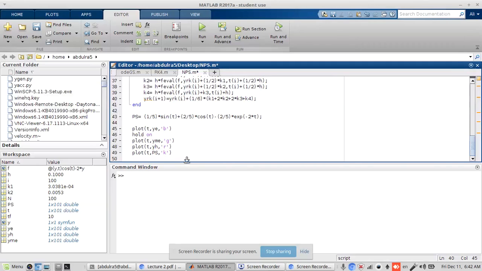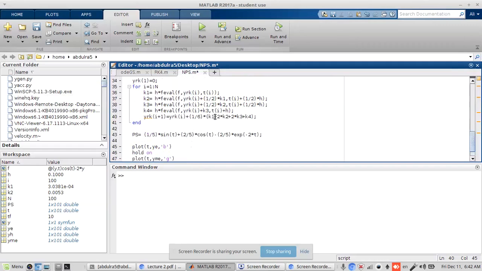Let me check it again. K1, 2, 3, K4, K4 here, K2, good, K3 and K2. So in terms of the previous one. K1 here, K1 here, K2 here, K2, K3 and so on.